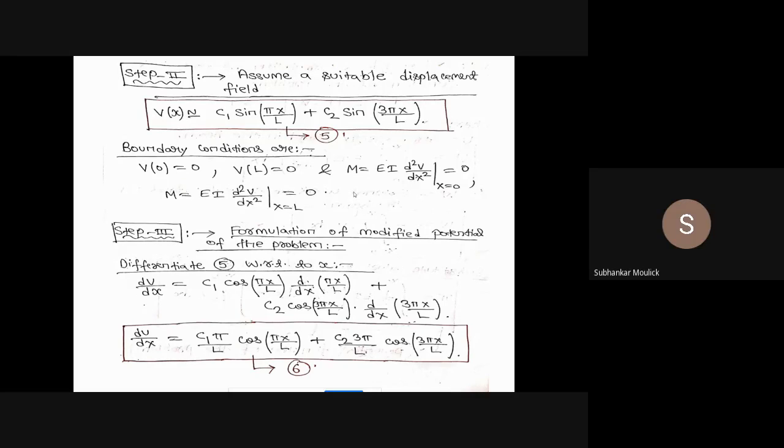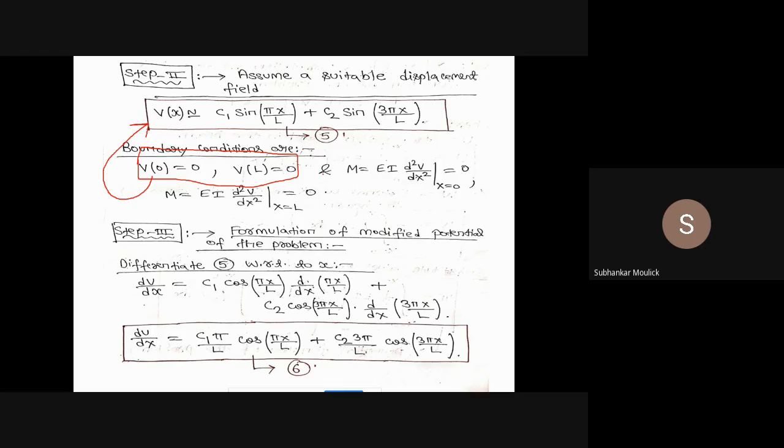Okay. But I am not interested in these natural boundary conditions, I am interested in the essential boundary conditions. Now, if you put these essential boundary conditions in equation number 5, is equation number 5 satisfied?